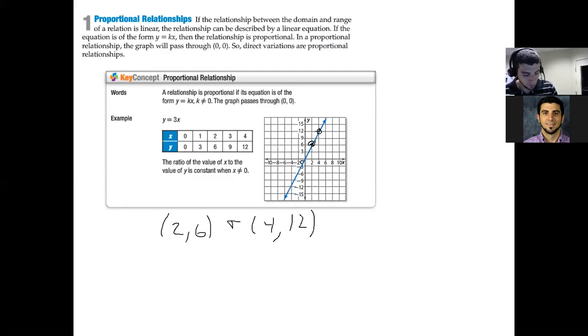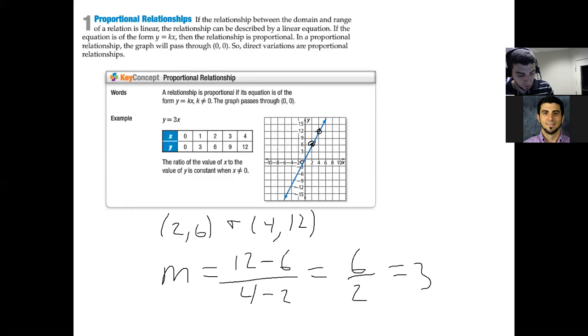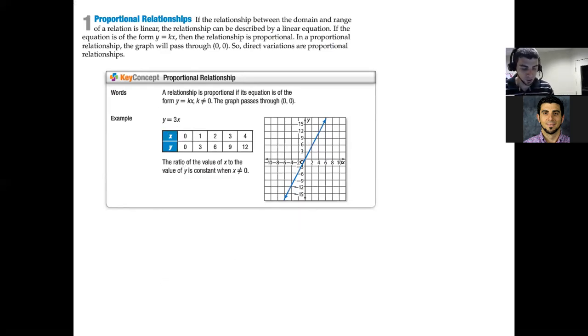So if I get the slope, that's going to be 12 minus 6 over 4 minus 2, which is 6 over 2, which is 3. And notice that the slope is the same as the constant of proportionality. That's always going to be true with a proportional relationship.